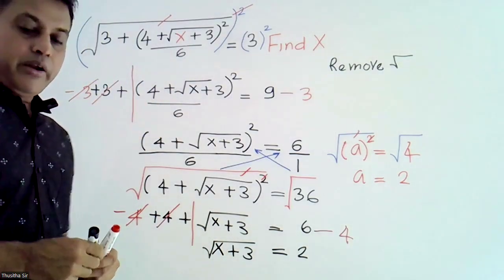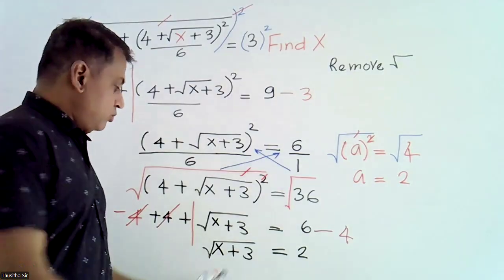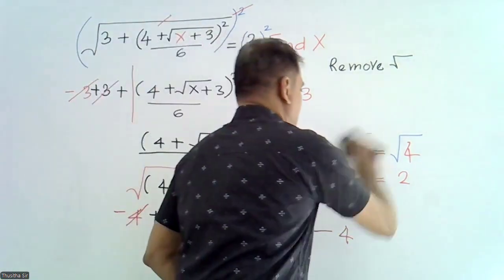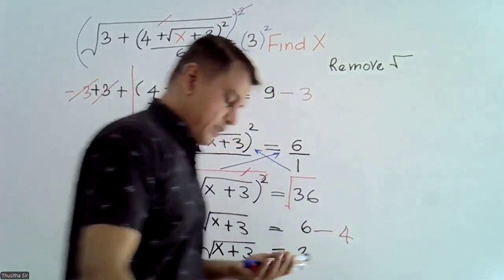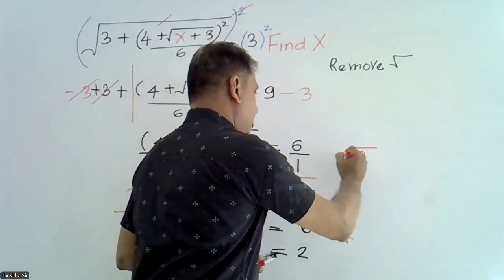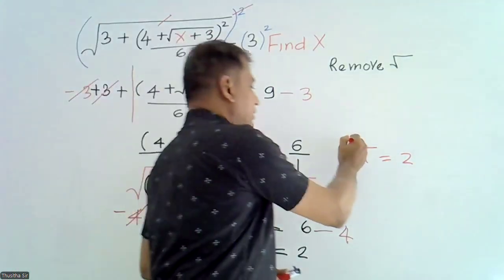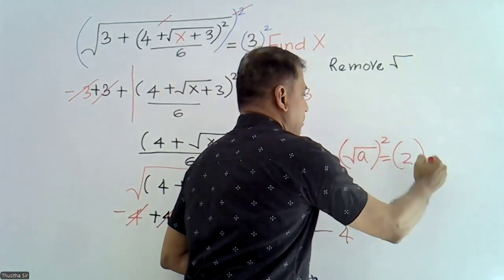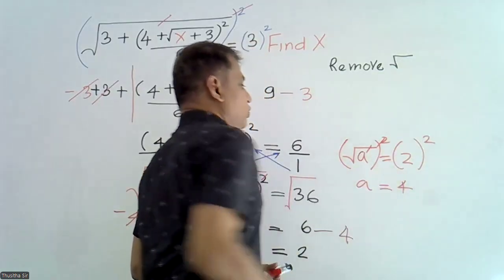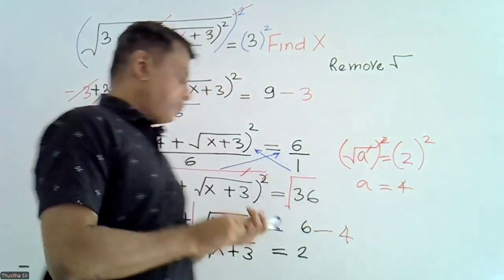Now, again, I want to remove the square root. As I mentioned before, the rule is if I have a number with a square root, on both sides I'm going to apply squared. So then this and this get cancelled. A equals 4, 2 squared is 4.